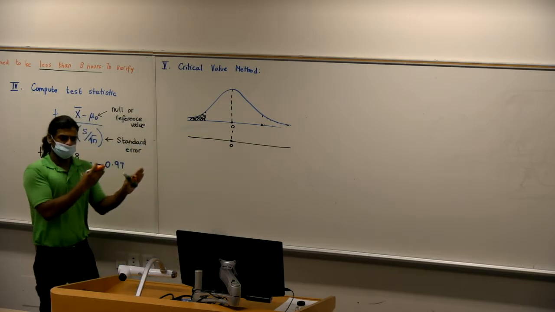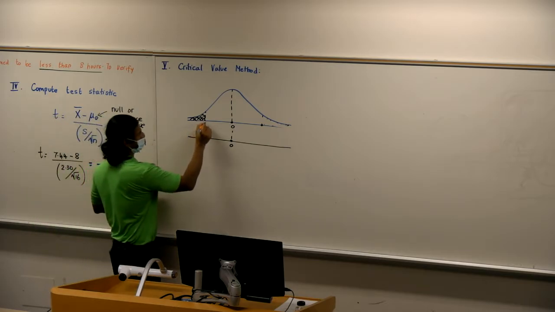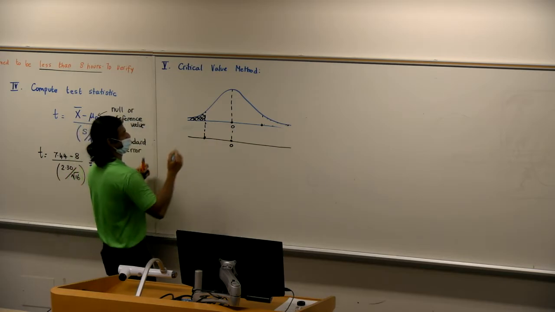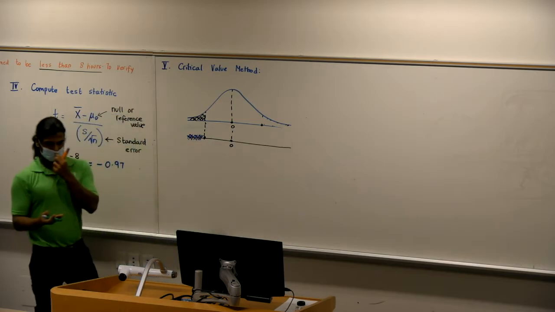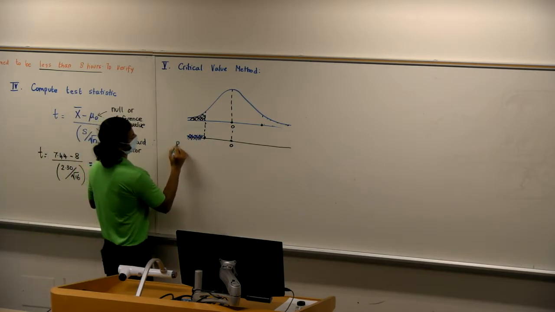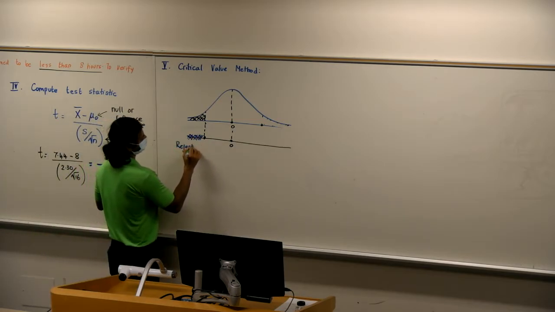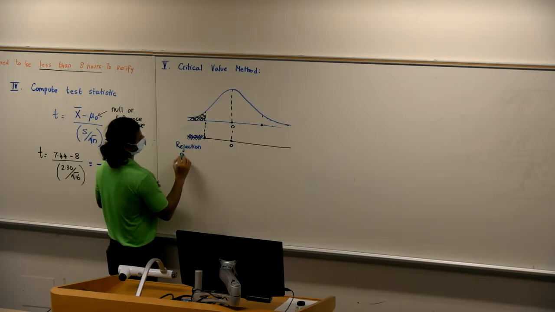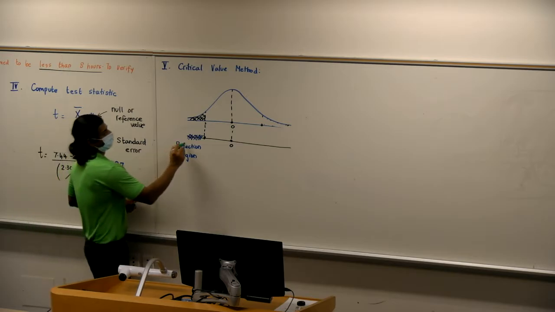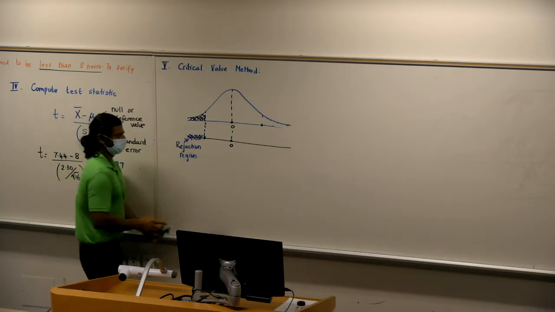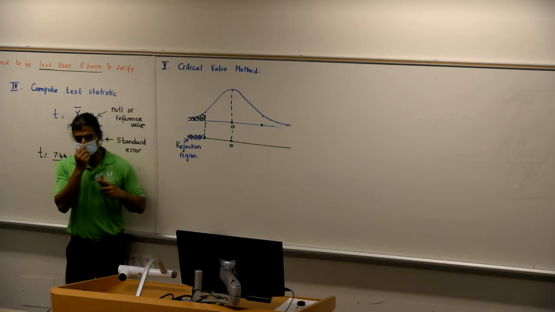It is a left tail test, so the area has to be on the left-hand side. And on the real number line, that interval is what we call the rejection region. And we have to find that critical value.